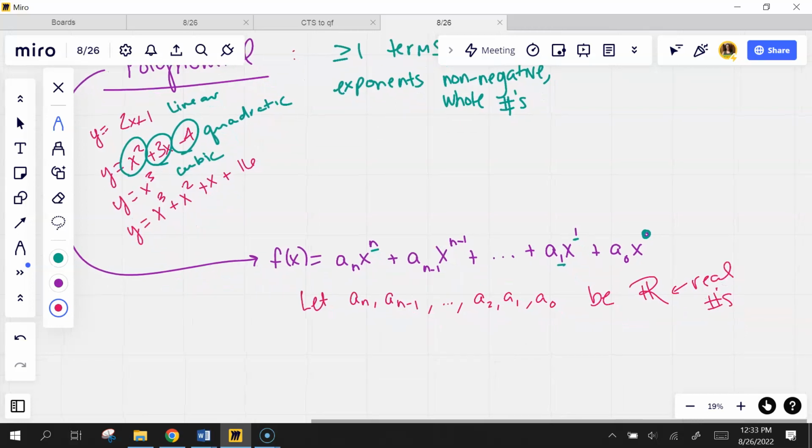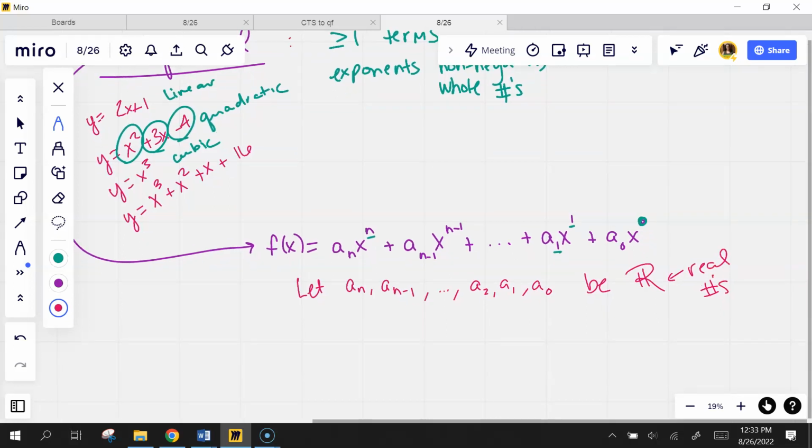My value of n is a what? You sure? My leading coefficient here would be what? A what? There's a bunch of a's in here. A sub n, can we say that as a sub n? What would my degree be?